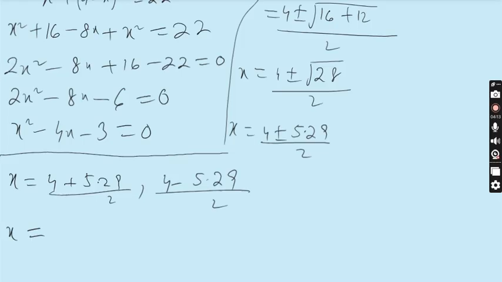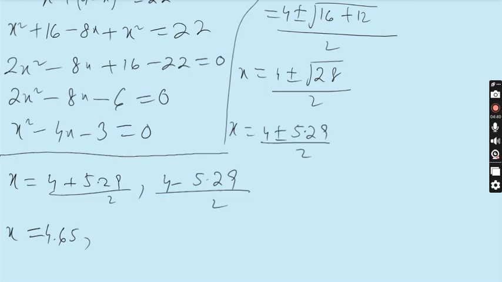So what is the answer? 4 plus 5.29 divided by 2, the answer is 4.65, correct to two significant figures.